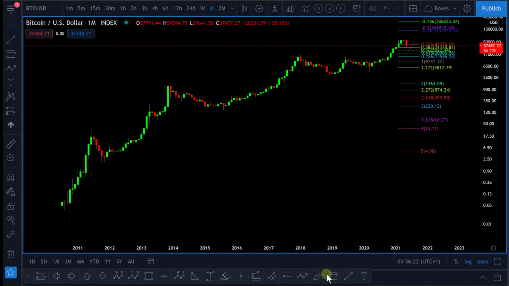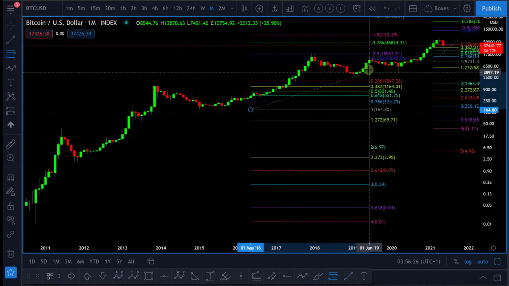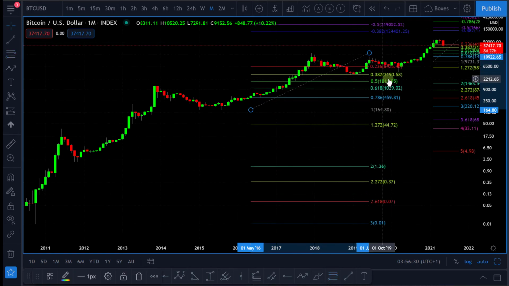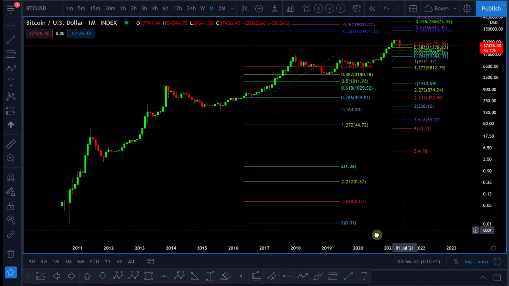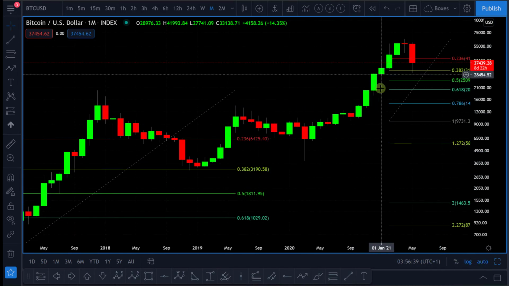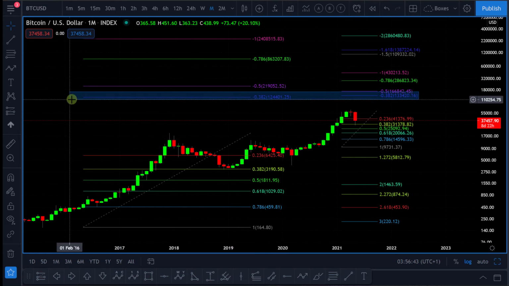1,32,000. And if you also take the fib retracement from the 2015 bull run all the way here, retrace to 0.382, look how the two 0.382s are aligning. Let me zoom out. Oh, come on. Do you see? So the point I'm making is, you have to play around with fibs.